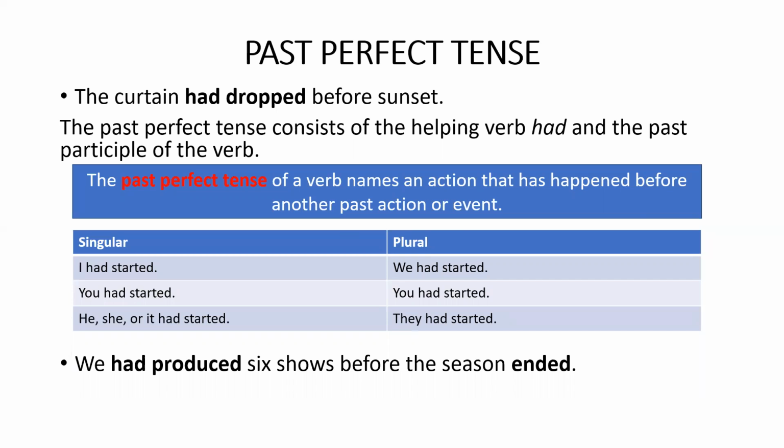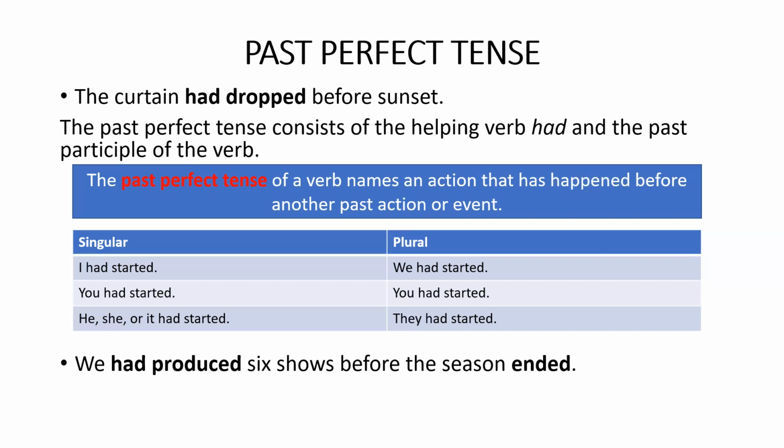The curtain started and finished dropping before another event, sunset. The past perfect tense of a verb names an action that has happened before another past action or event. Some examples with a singular and plural verb are given in the chart.